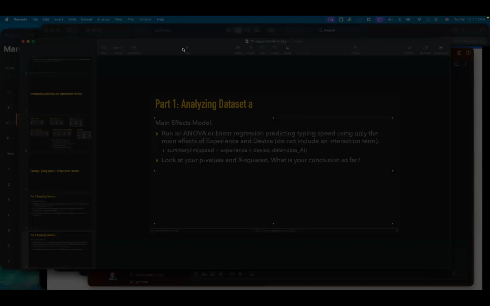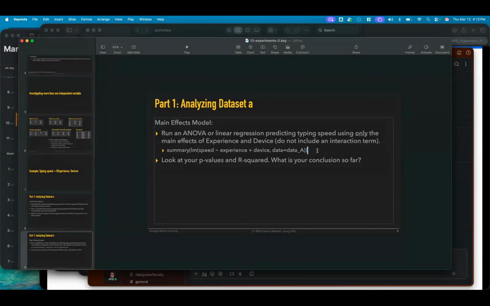So in other words, what you're saying is speed = beta 1 times experience plus beta 2 times device plus epsilon.